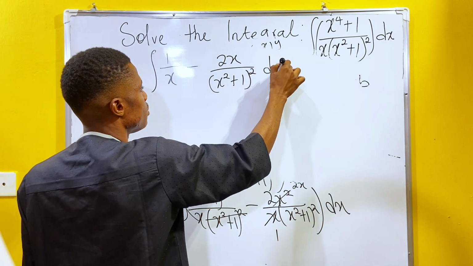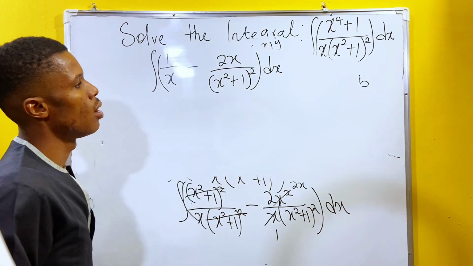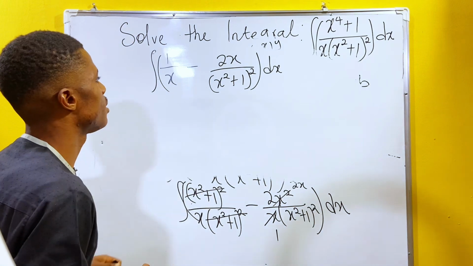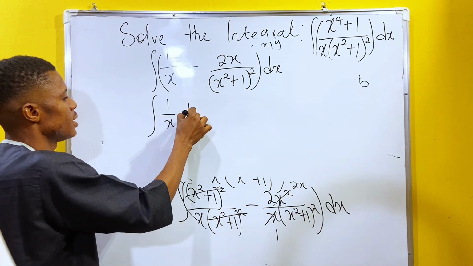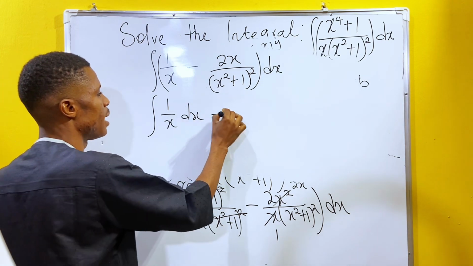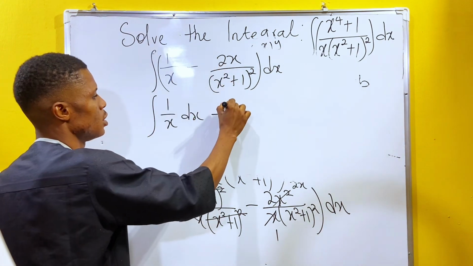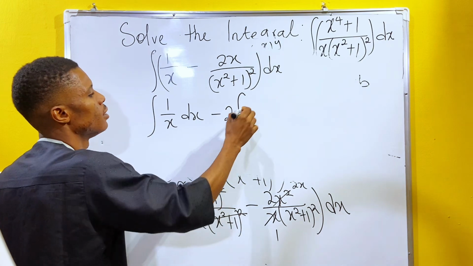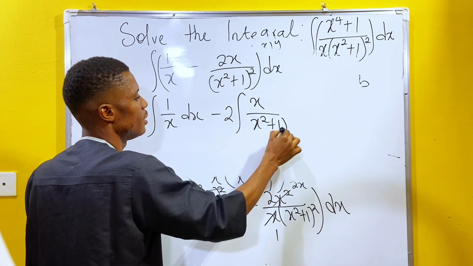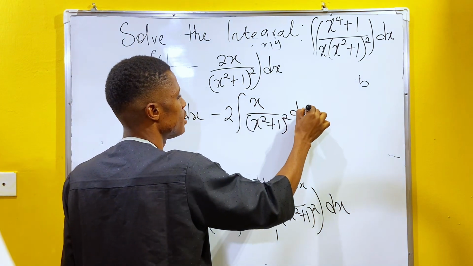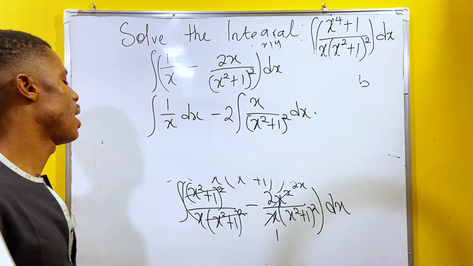We are integrating with respect to x. So we can now see this as the integral of 1 over x with respect to x, then minus, let's factor out this 2, the integral of x over (x squared plus 1) all squared with respect to x.